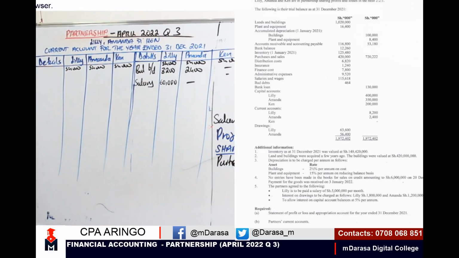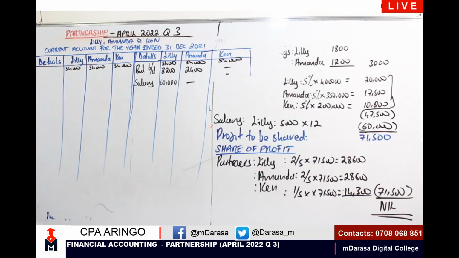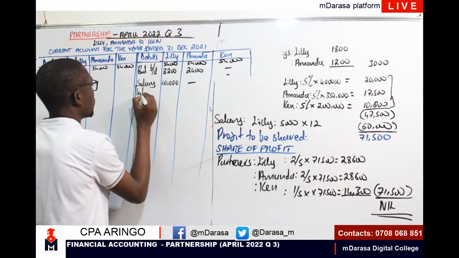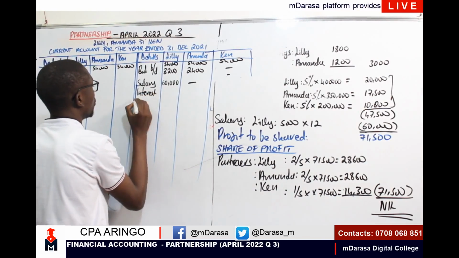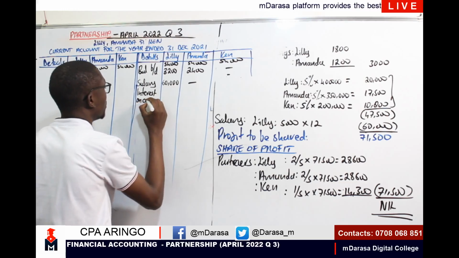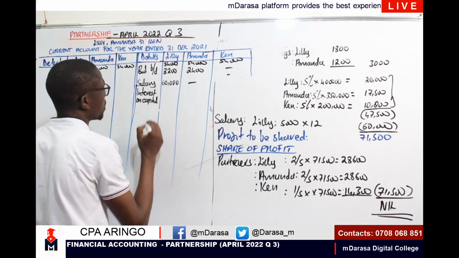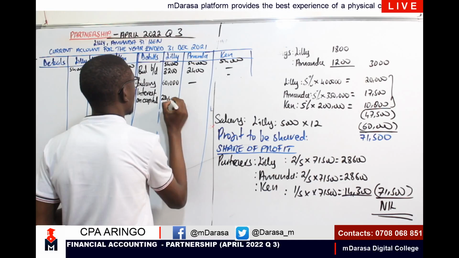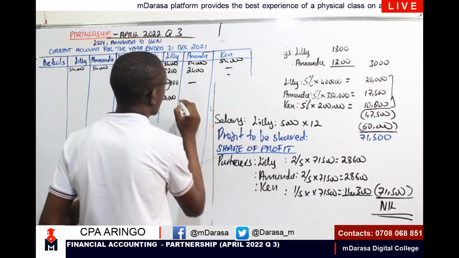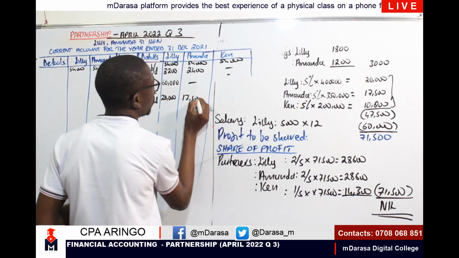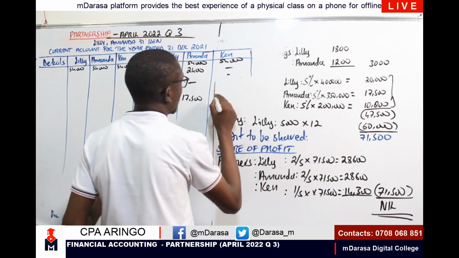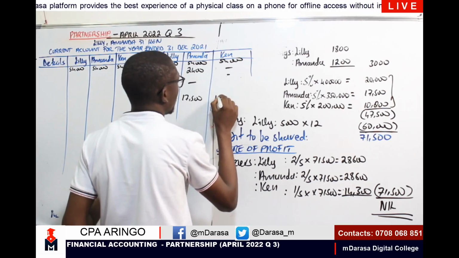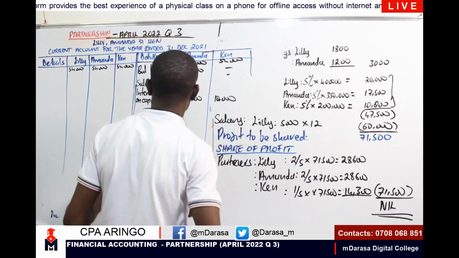Interest on capital: I'm having 20,000 for Lily, 7,500 for Amanda, and 10,000 for Ken.